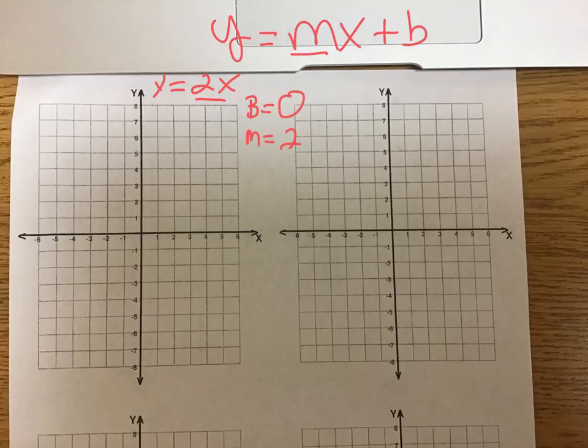We start at our y of 0. So we're going to put our data point here at 0. And now we're going to do rise over run. So up 2 over 1, up 2 over 1.